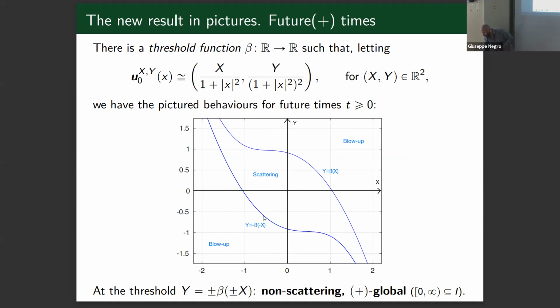And what happens exactly on the threshold? Of course, it's the most interesting question. You see a behavior that is neither blow up nor scattering. Because these solutions, taken with the initial data on this line and this line, are global, so they exist for all future times, where global means global in the future, but they are not scattering.